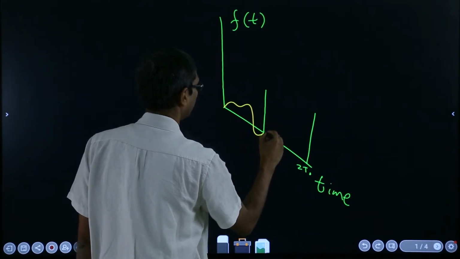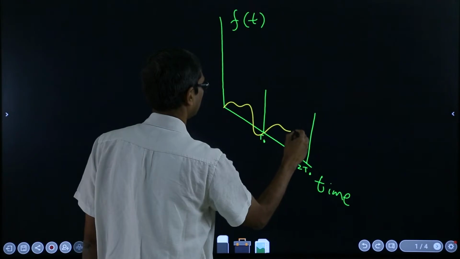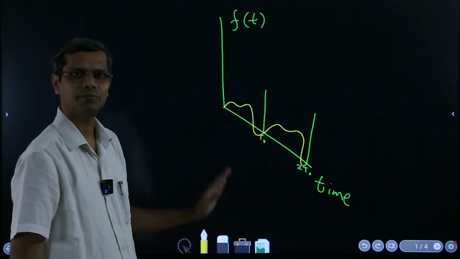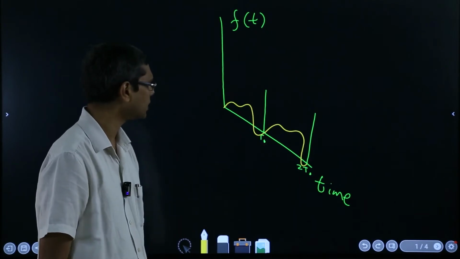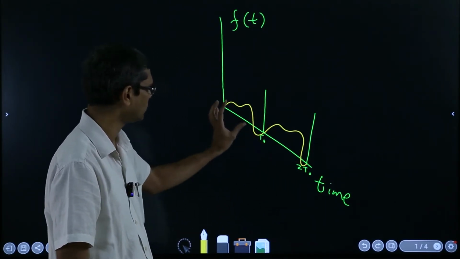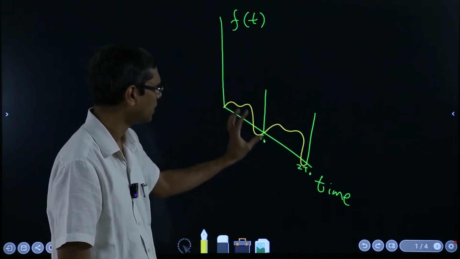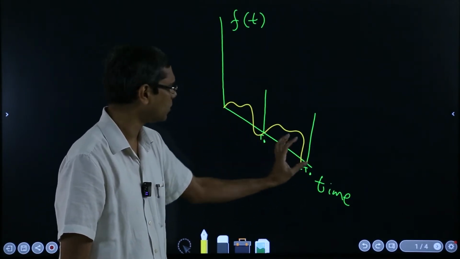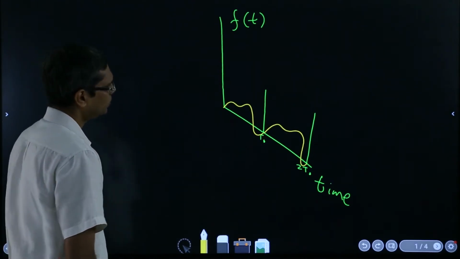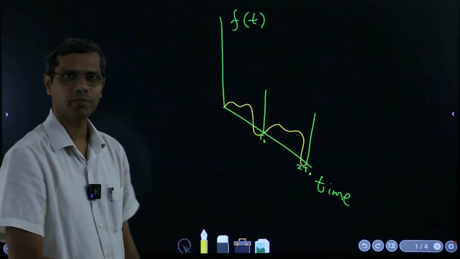Just assume that it is the same repeated function: whatever is there between 0 to t naught and t naught to 2 t naught, the same function is there. Though they do not look very similar, please assume that.